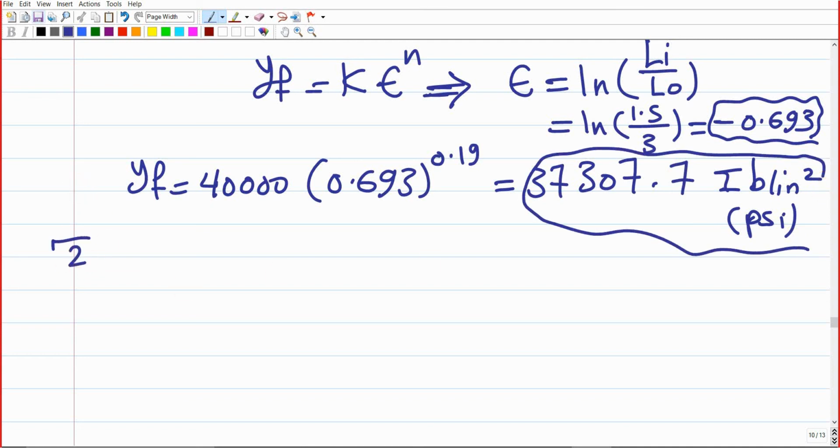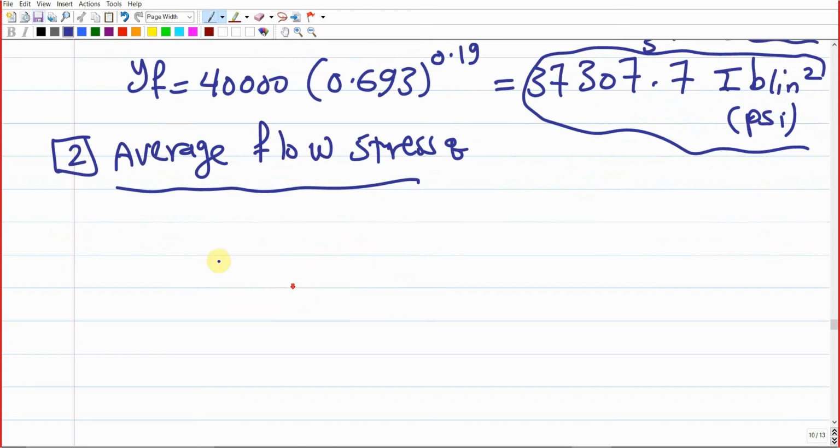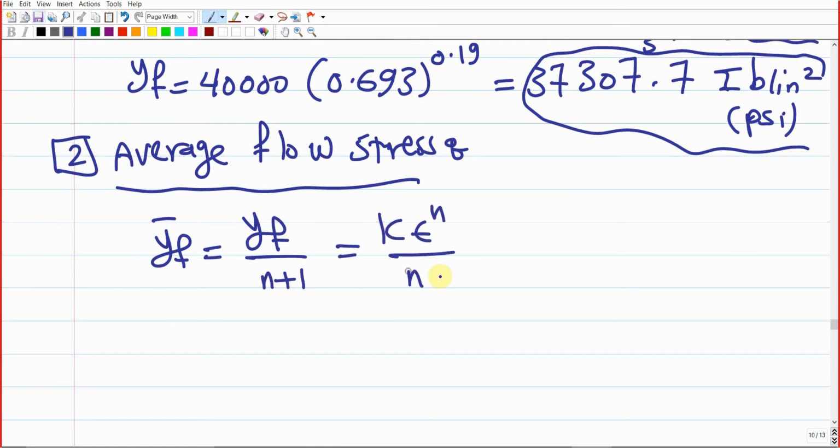The second requirement is the average flow stress according to the simple power law. If we're using the simple power law, the average flow stress should equal the flow stress over n plus 1, which is K epsilon to the n over n plus 1.